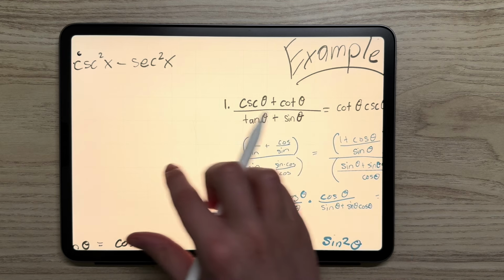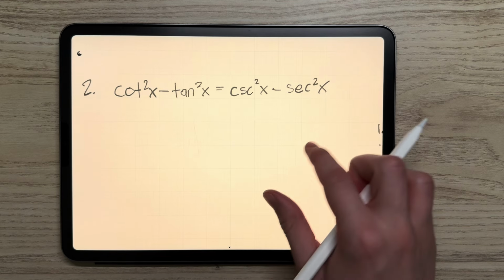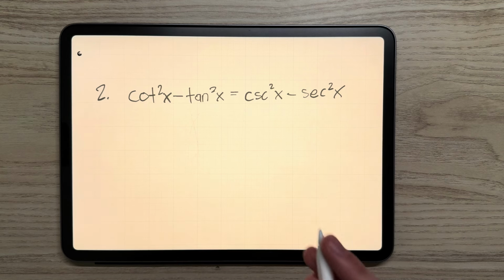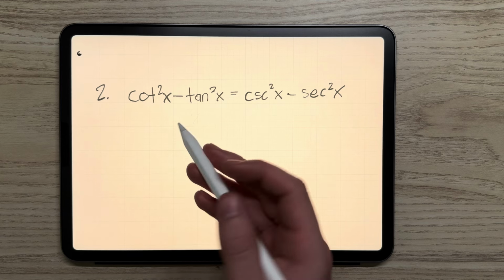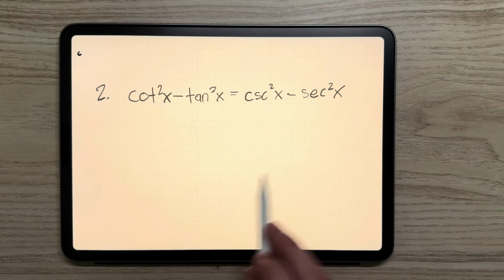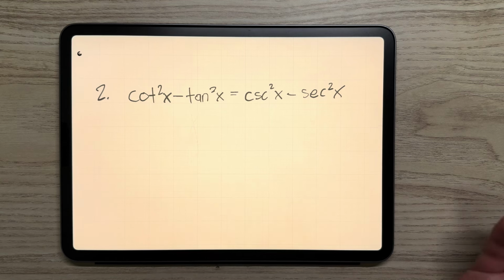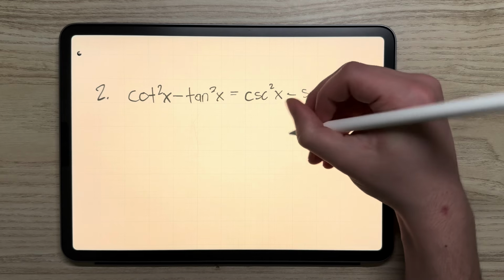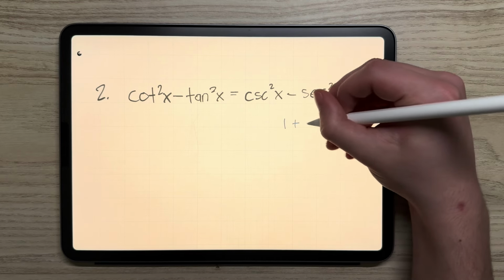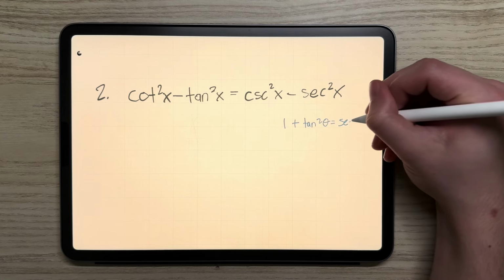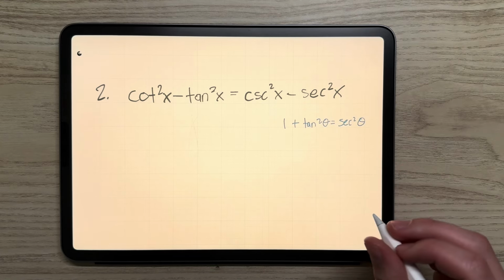So now I'm going to do another problem, which is hopefully going to be a little easier. I see some squares. Try this out yourself, and a hint would be to use Pythagorean identities, because there's a square. Just as a reminder, 1 plus tangent squared theta is equal to secant squared theta.